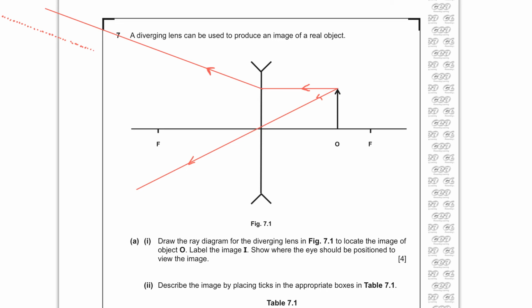And now we need to dot this ray back until these meet back here. So remember, what's going on here is these rays are diverging, they'll never meet again, but this is where an eye thinks this one is coming from, and so there's a common point back here where they both appear to be coming from, and that's where the image is. And that, as they say, is that.